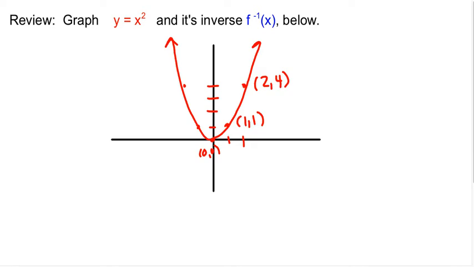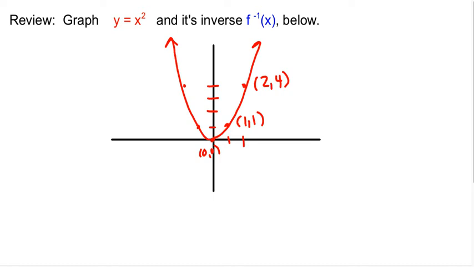This quadratic function, as it exists right now, without any domain restrictions, is not one-to-one. It fails the horizontal line test. So it cannot have an inverse function as it exists right now. But what we can do is we can restrict its domain.